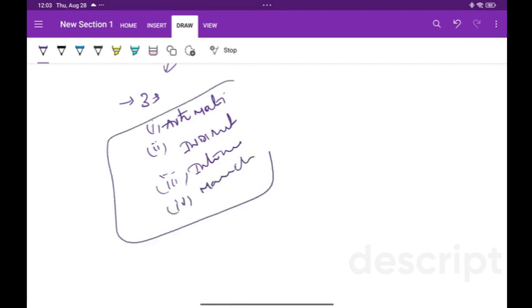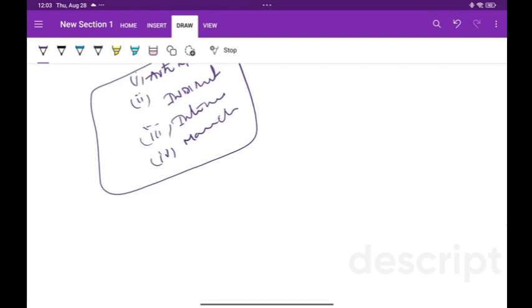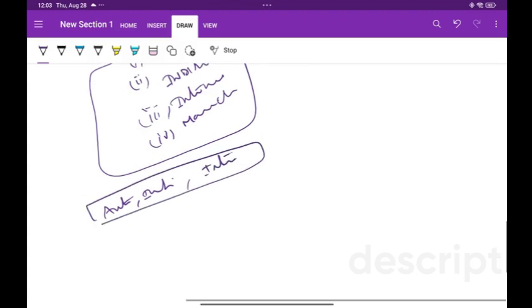Okay, so automatic, indirect and internal, these are the checkpoints.